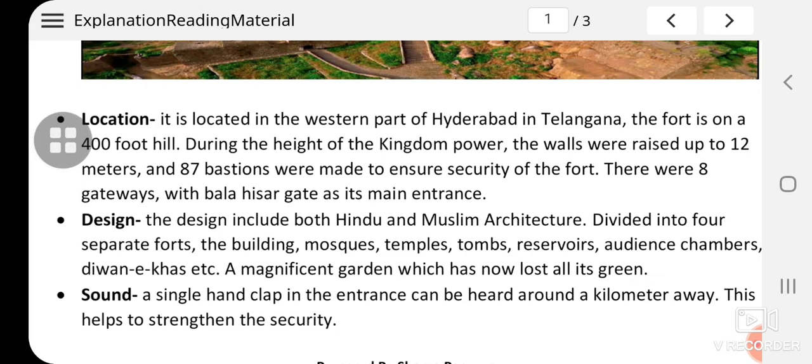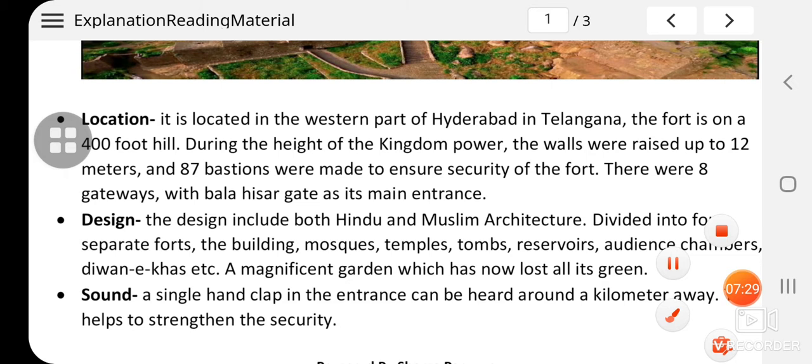So again I am reading it to you. The design includes both Hindu and Muslim architecture, divided into 4 separate forts: the building, mosque, temples, tombs, reservoirs, audience chambers, diwan-e-khas, etc. A magnificent garden which has now lost all its green. So now the greenery is not maintained that much, but the garden was very beautiful over there. And then sound.